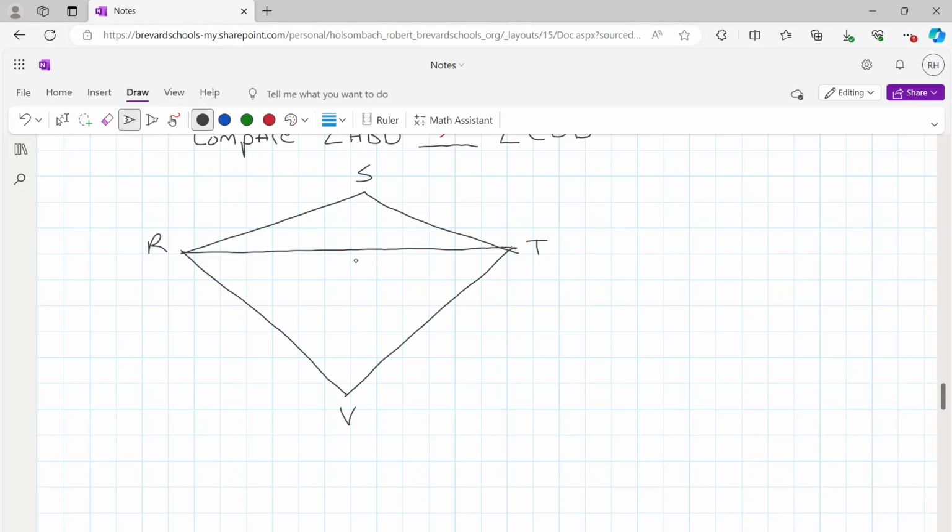All right, R to S is 8, and S to T is 6.